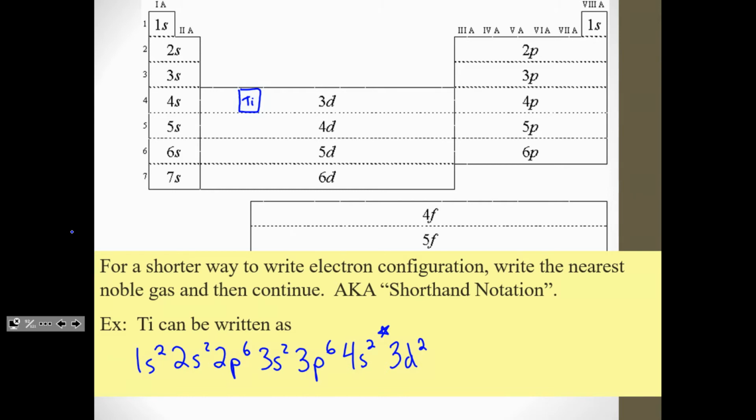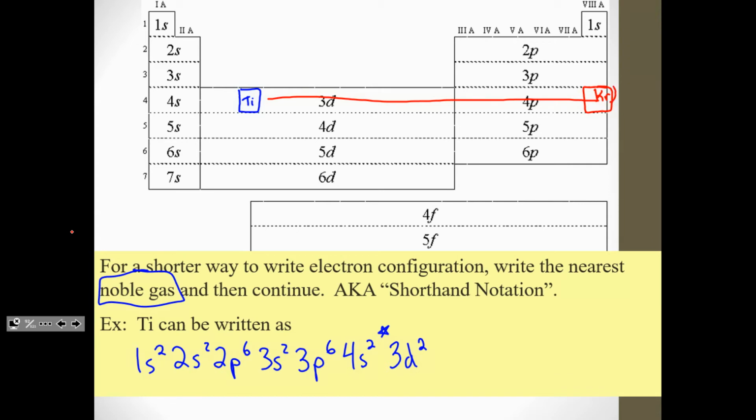We have a shorthand notation, otherwise known as the noble gas notation, and it goes something like this. Wherever the element sits, you're going to go over and find the noble gas that's in that row. For titanium, that noble gas is krypton.